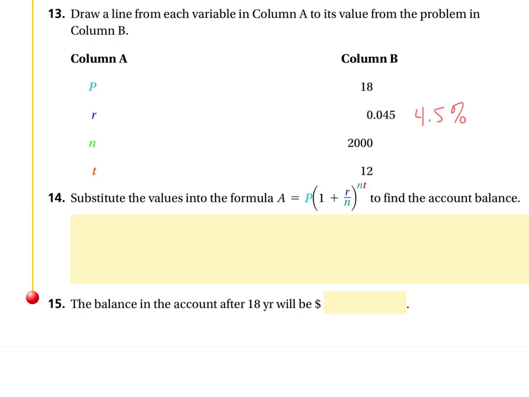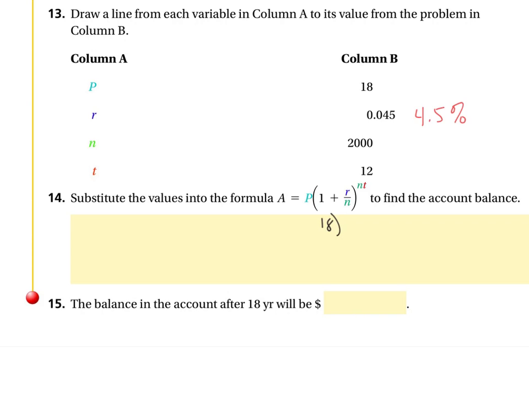So we're going to substitute the values in the formula. So A is going to equal our principal, our $2,000, times 1 plus our interest rate as a decimal over the number of times it's compounded per year, raised to the value of our N times the number of years, our time.